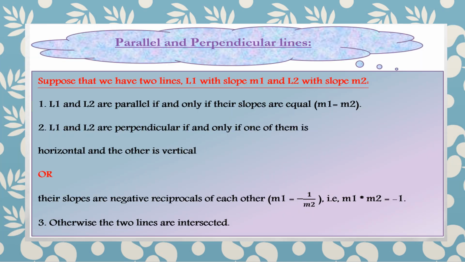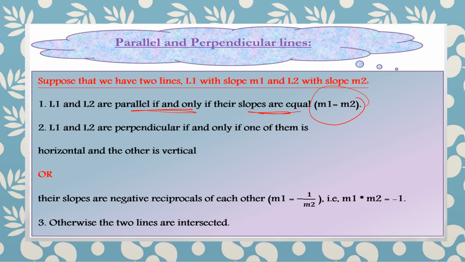The last section here is parallel and perpendicular lines. Suppose that we have two lines, L1 with slope m1 and L2 with slope m2. L1 and L2 are parallel if and only if their slopes are equal.